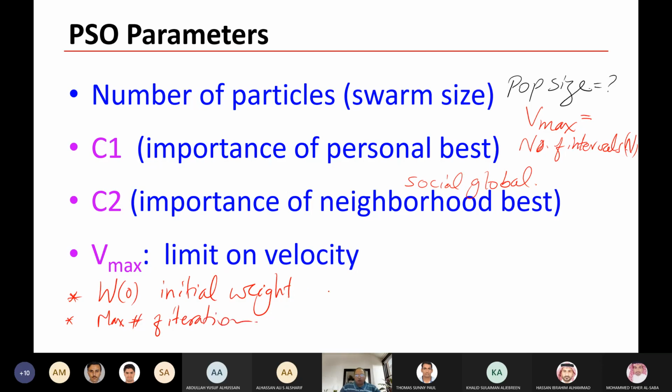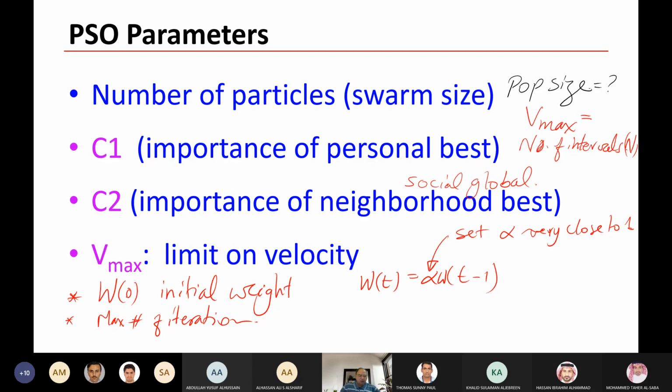And if you use a weighting update as W of T equal to alpha times W of T minus 1, in this case also you need to set the alpha very close to 1. It looks like this slide is not complete.